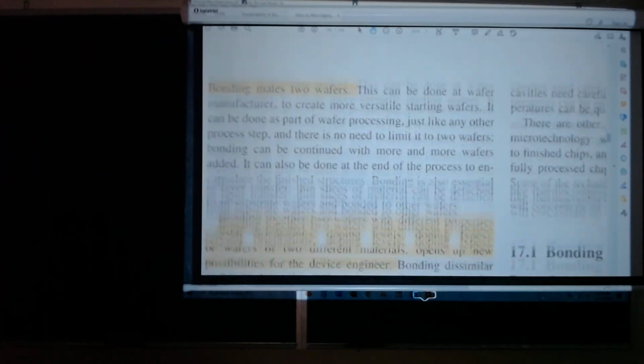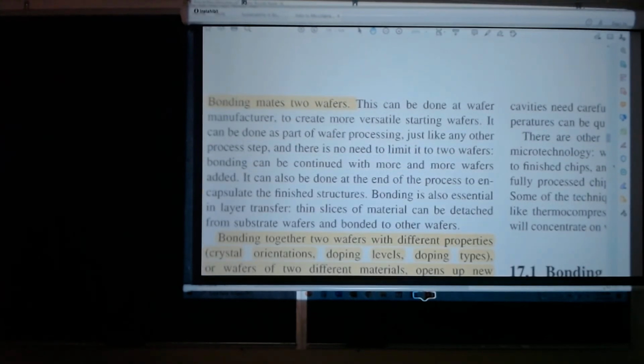Before we go on, the author of this textbook is focused on certain semiconductor technologies, including, as you've seen, micro-electromechanical system wafers.